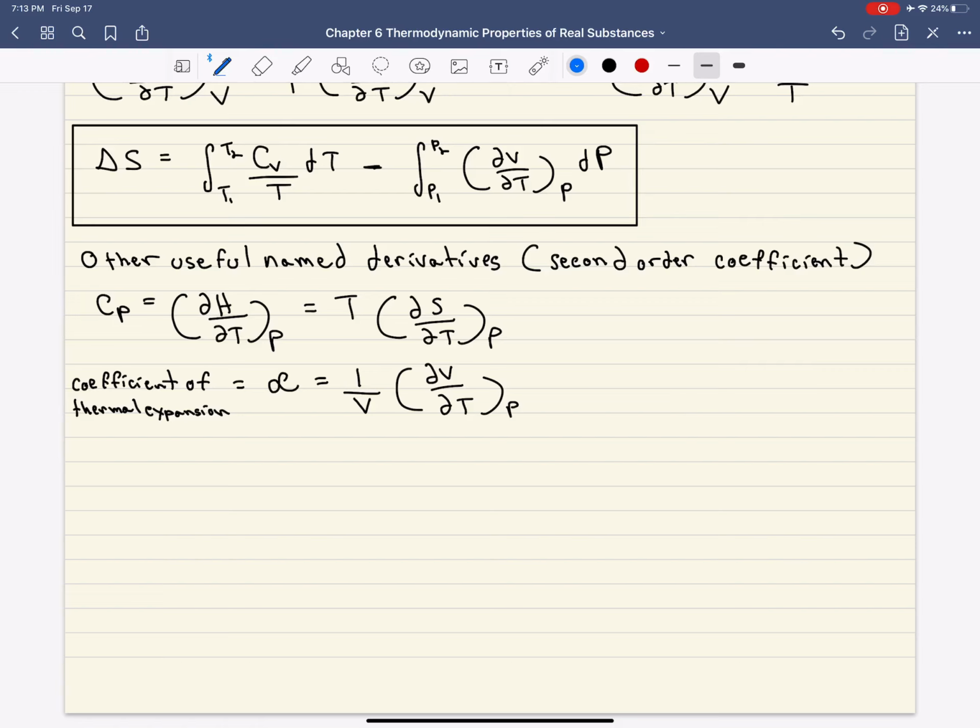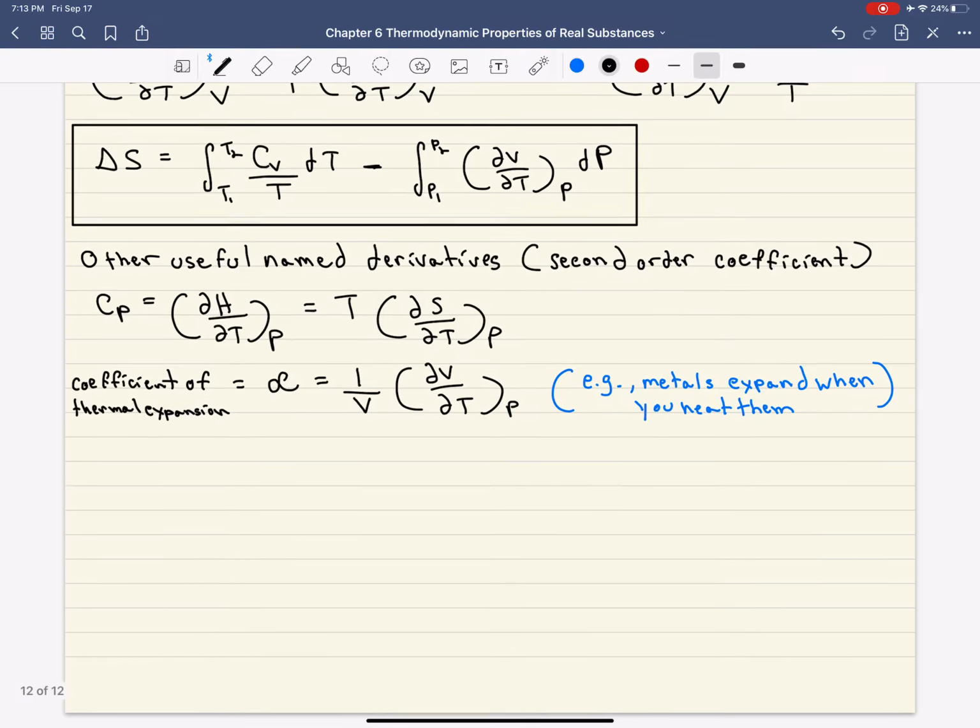So if you've ever dealt with any sort of metal working, you know that when you heat a metal by a really large amount, so your delta T is very large, your metal expands. We quantify that by measuring the coefficient of thermal expansion.